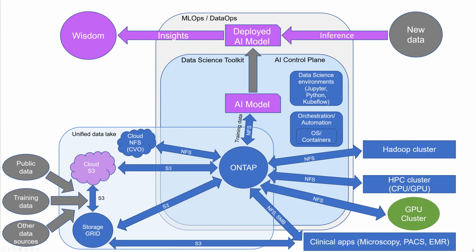And of course, data is at the core. So data on ONTAP is at the core of these projects. This data is what's feeding AI models that are getting trained and then brought to deployment so that they're useful. So when I was referring to a complete end-to-end solution before, I also mean MLOps.